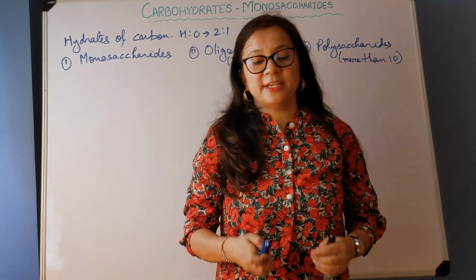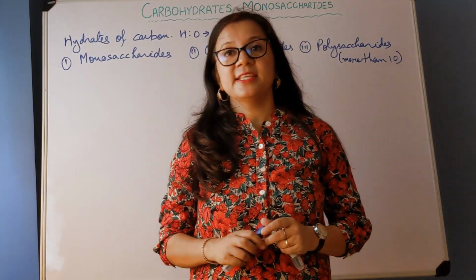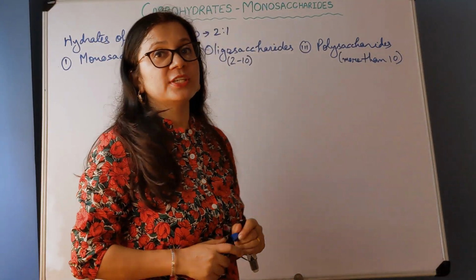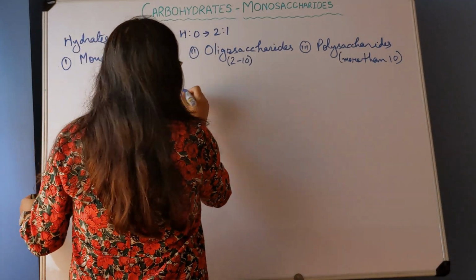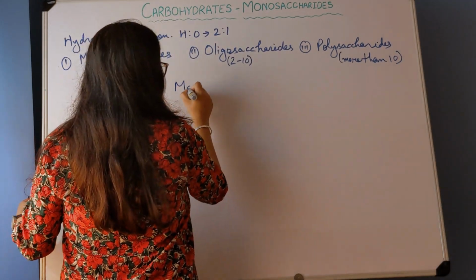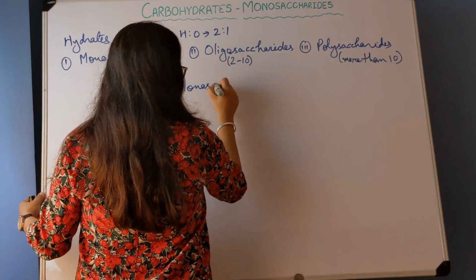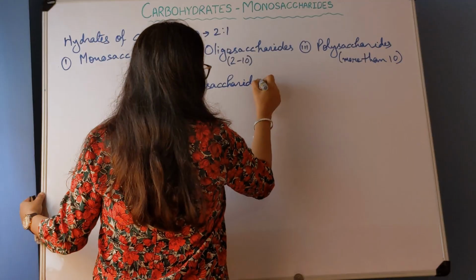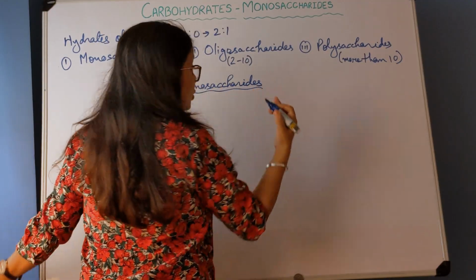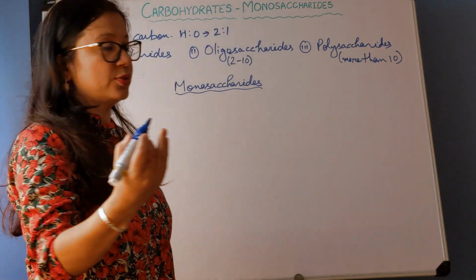One of the carbon atoms of monosaccharides is double bonded to an oxygen atom to form a carbonyl group. Now based on which carbonyl group is present, monosaccharides are classified into two types, aldoses and ketoses.